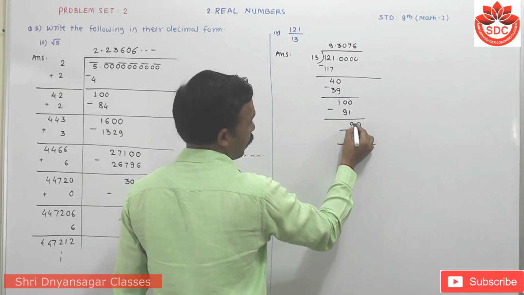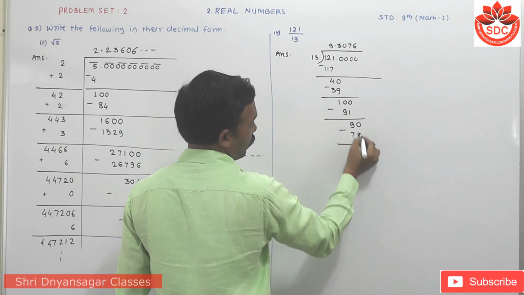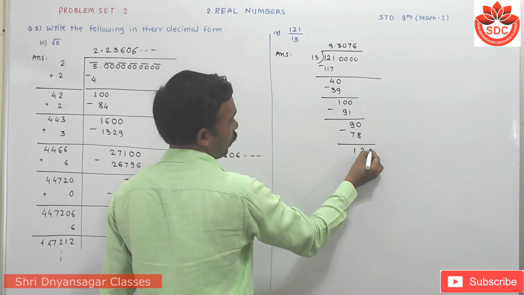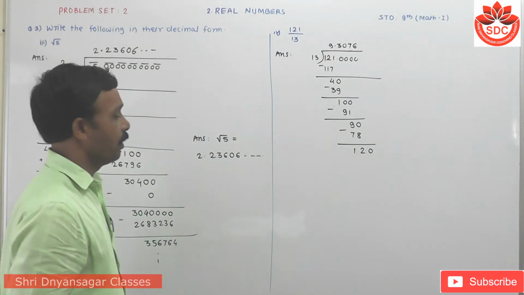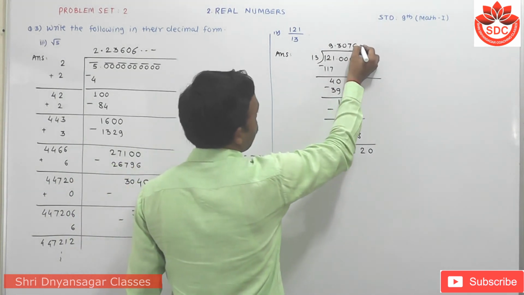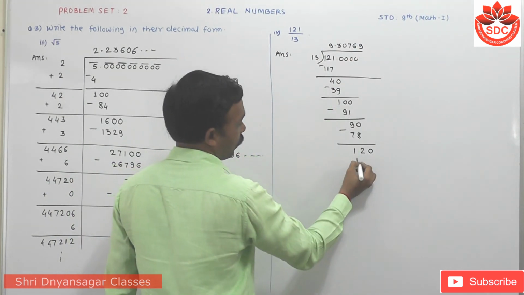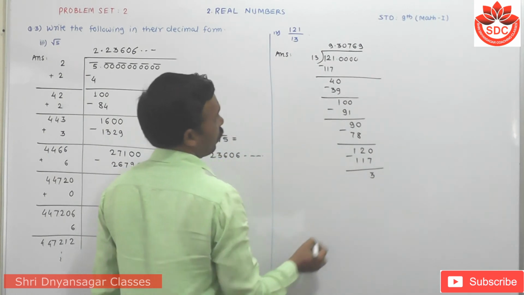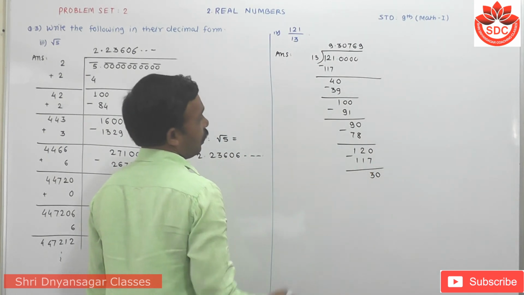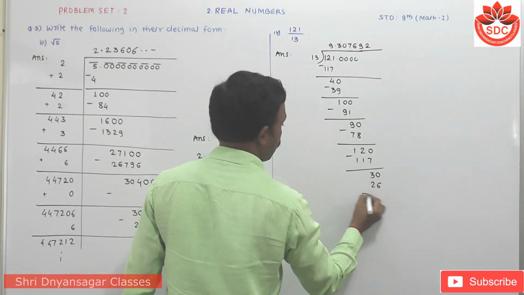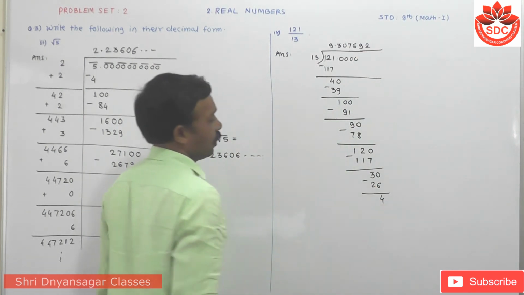Now remaining is 12, means it becomes 120. Then again 13 nines are 117. When we subtract, it becomes 3. Then it is 30. 13 twos are 26. Then it becomes 4.